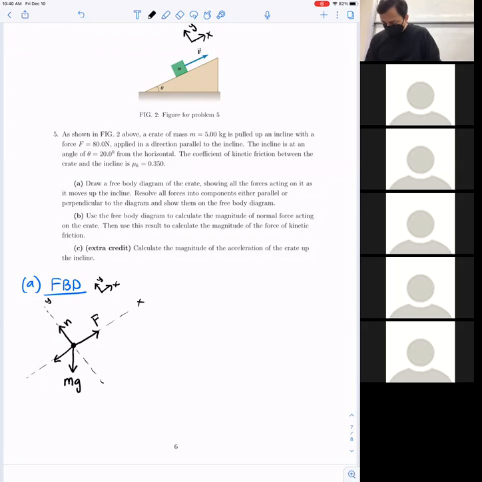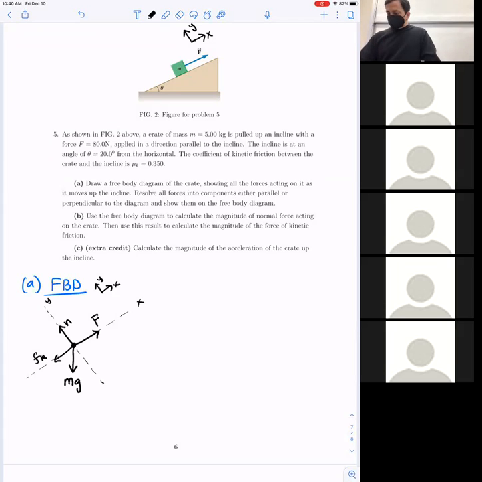There is a force of kinetic friction here, F sub k, pointing in the negative x direction. Any questions on that? Any other forces in this problem? I think that's it. There are no other forces acting on the problem. It's gravity down, a force F up, normal force, force of kinetic friction.